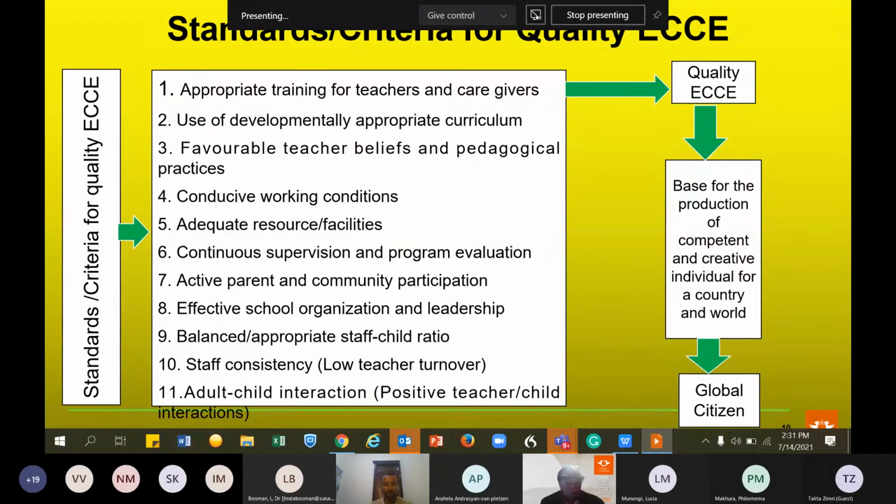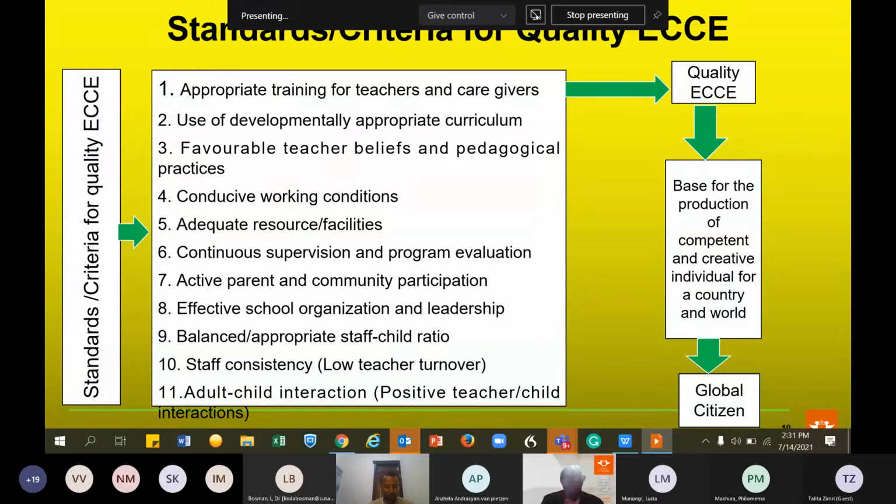And the other one is resources. There should be adequate resources or facilities, that is, school facilities, it may be the materials, indoor and outdoor play materials, for example. So there should be adequate resources or facilities in the school.